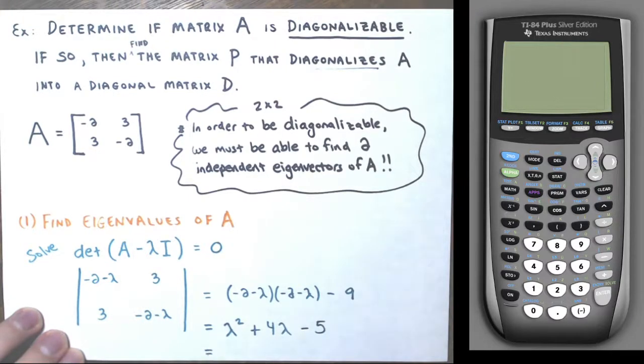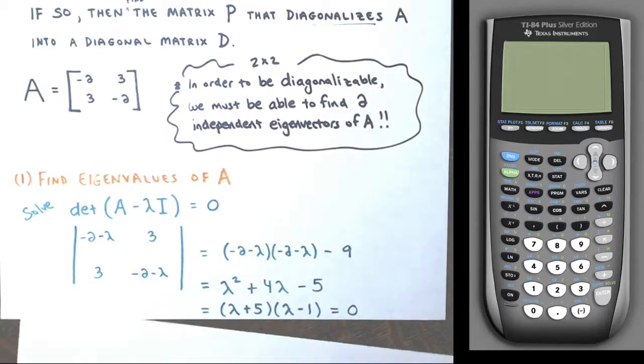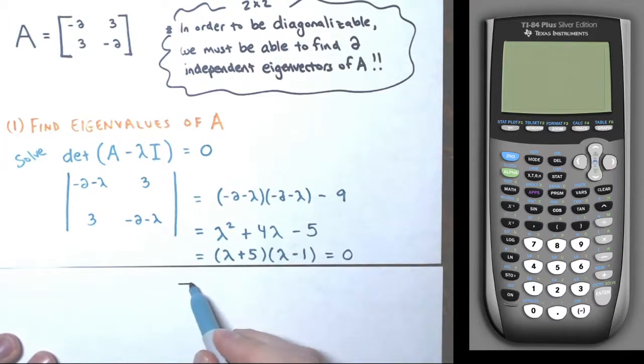And this is very easily factorable. Now, if it weren't factorable, I'd just use the quadratic formula, because I'm eventually setting this equal to 0 and solving. But this is nice and factorable. This is lambda plus 5 multiplied by lambda minus 1. And again, the big question is, when is this equal to 0? It's a product on one side, 0 on the other. The only time a product will be equal to 0 is if one of the factors is 0.